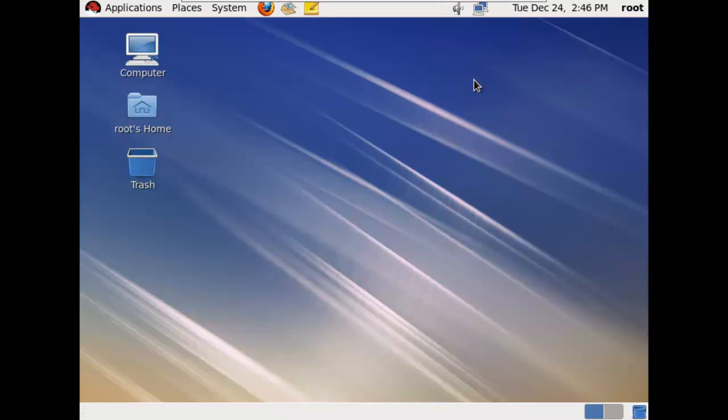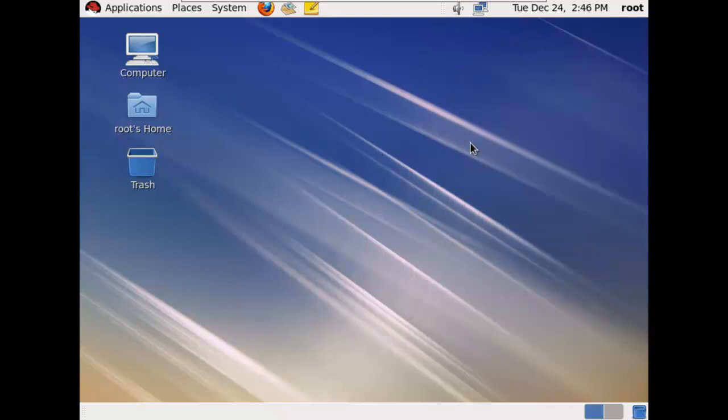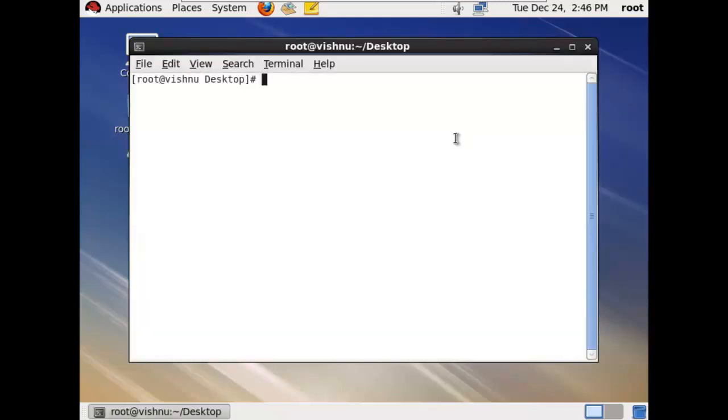So we will verify whether that second hard disk has been added to our Linux server properly or not. For that we will again run a command on the terminal, that is ls /dev/sd* and press enter.